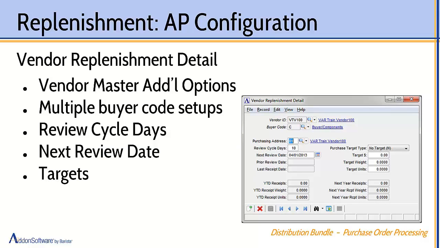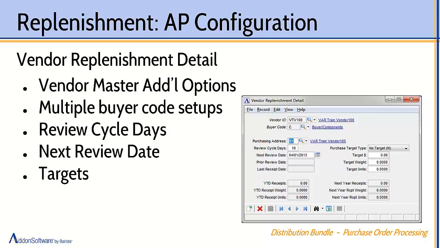So those buyer codes would be found on the maintenance menus, but this next one is actually found in the vendor master additional options. So the first task on a maintenance menu is always the master file. In accounts payable's case, of course, vendors. So on the additional options tab of the vendor master, we have our vendor replenishment detail.